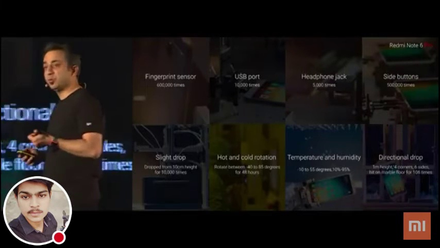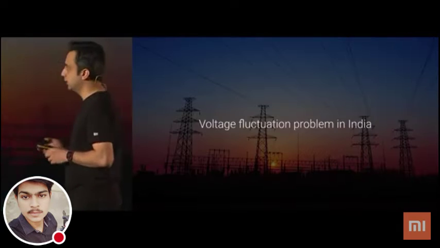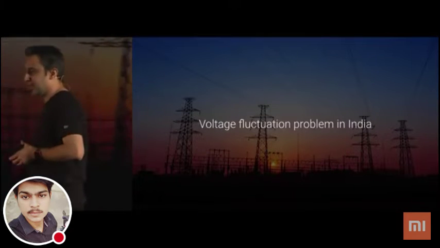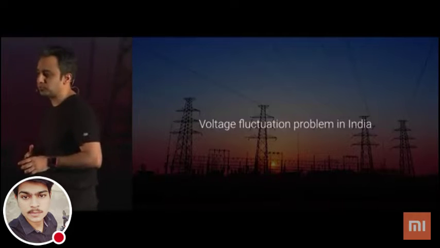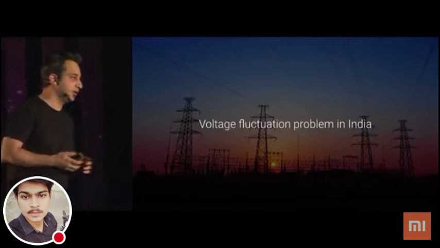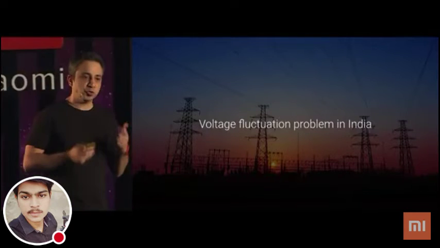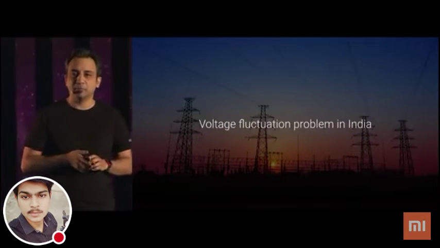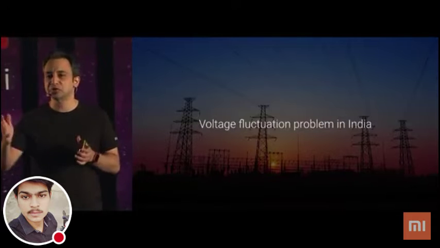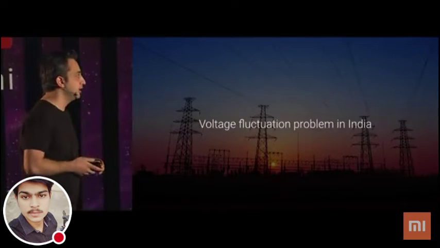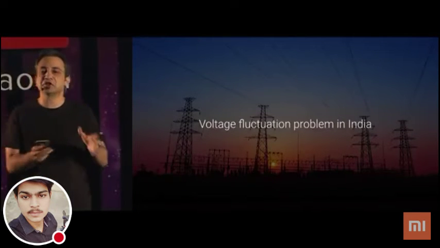But not just that, we have one more problem in the country: voltage fluctuation. Now we all face this. Winters, luckily it kind of goes down a bit, but summers is a problem. And of course, when the voltage surges, your best case scenario, if a surge goes up to like about 300, 320 volts, is your charger will go.